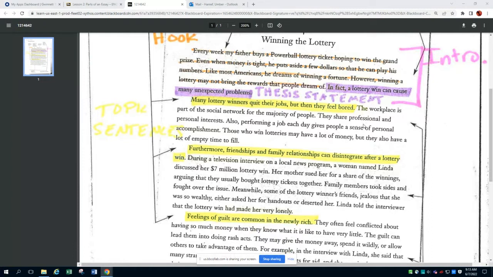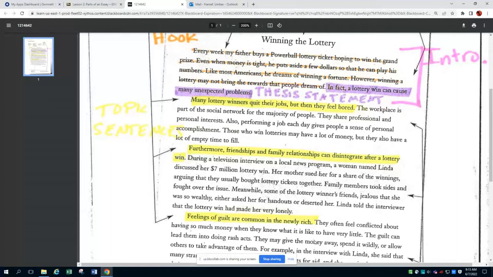People winning the lottery. Really? Oh, I meant no, people playing the lottery. The problems that winning the lottery causes. Exactly. This is going to be about the unexpected problems that come with winning the lottery. I'm going to jump down real quick because what comes next is connected to this.